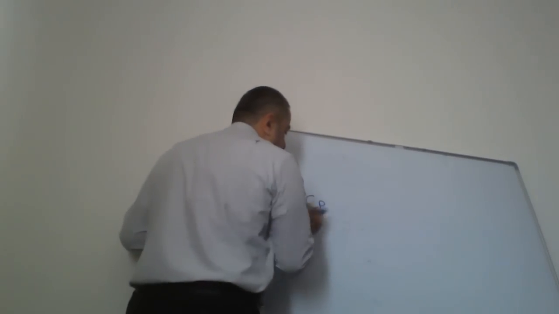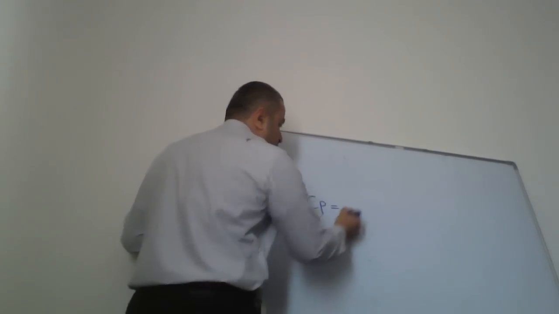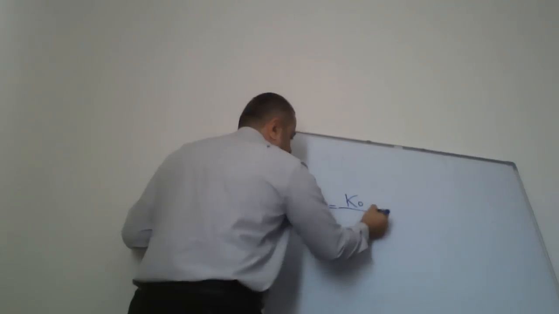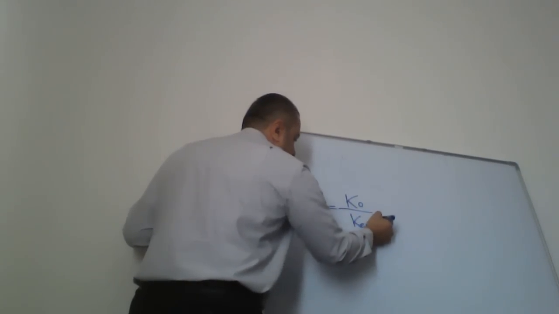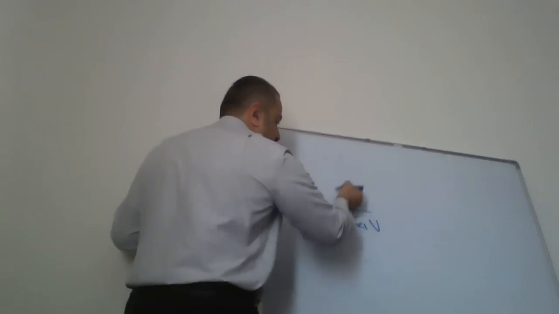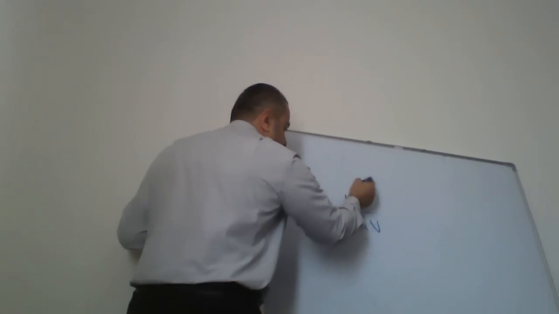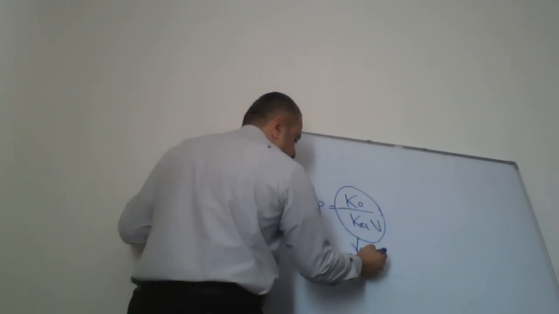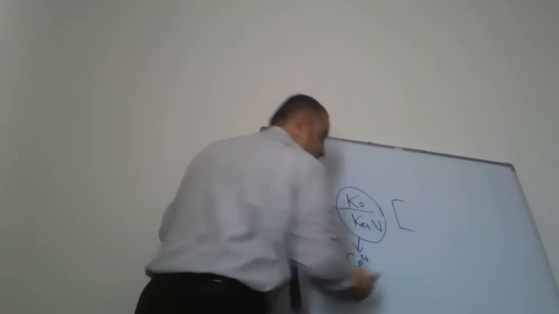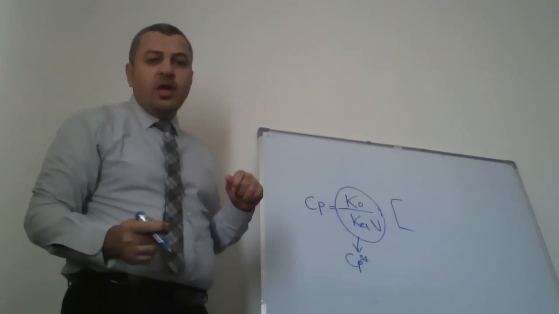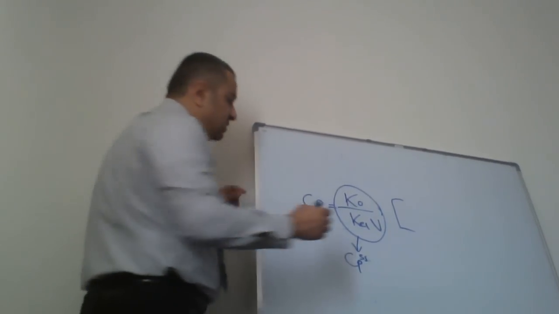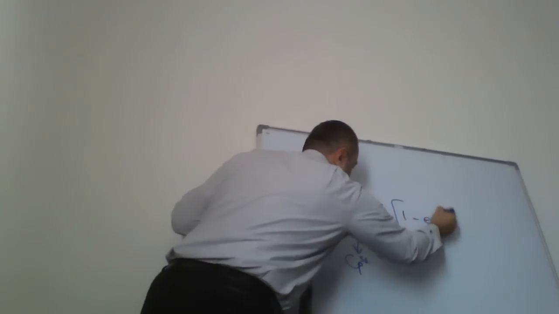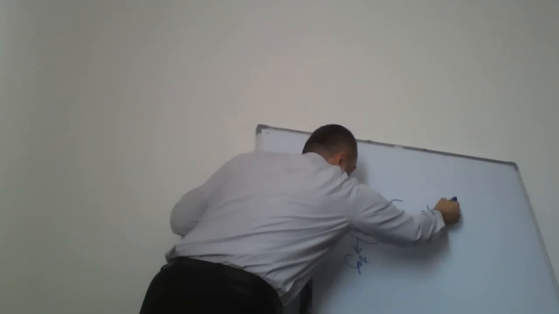The integrated equation is Cp equal to K0 divided by Kl/V, which is the Cpss, multiplied by 1 minus e to the power of minus Kl/V.